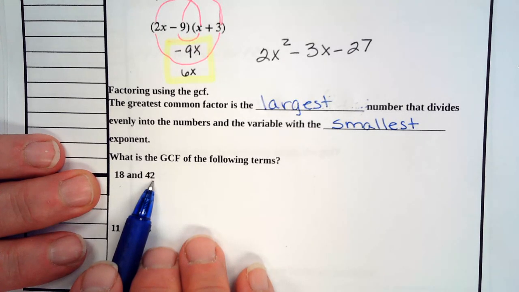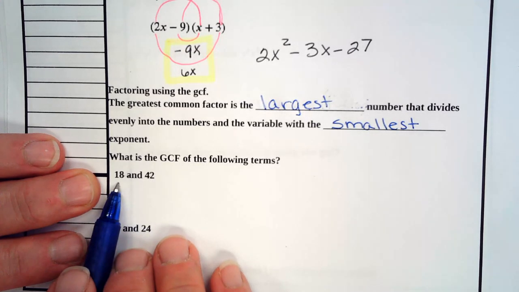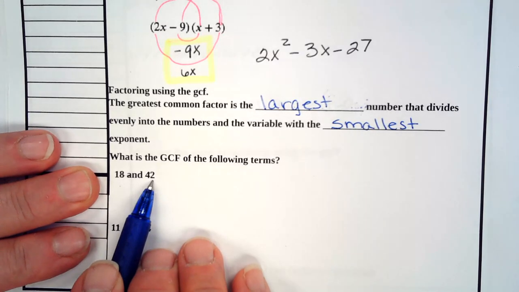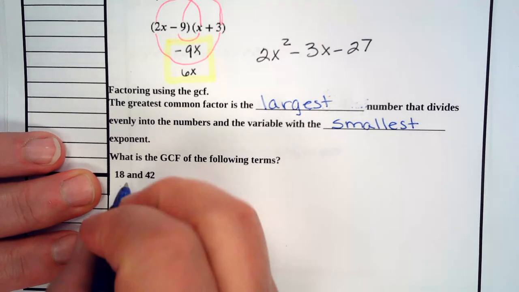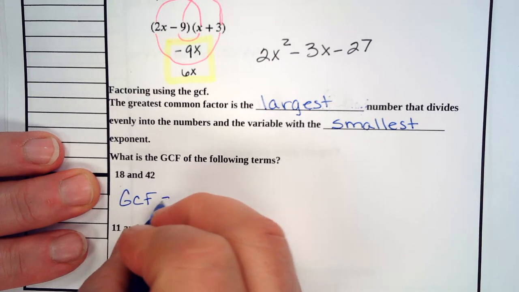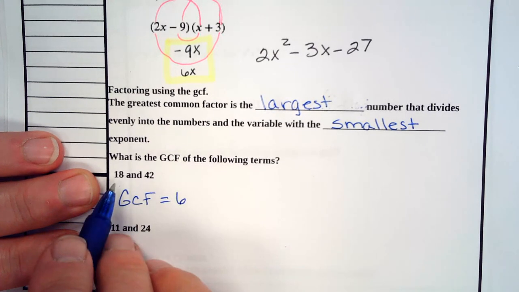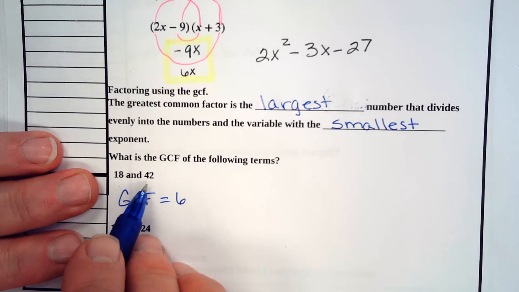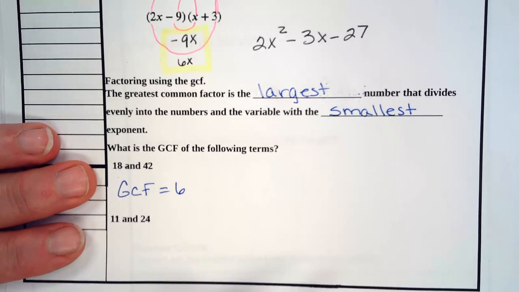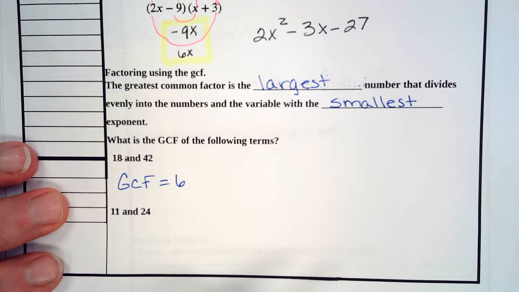What about 6? 18 is divisible by 6, 42 is divisible by 6. So the GCF will be 6. We know that 18 does not divide evenly into 42. 9 is a factor of 18, but it does not divide evenly into 42, so our GCF is 6.